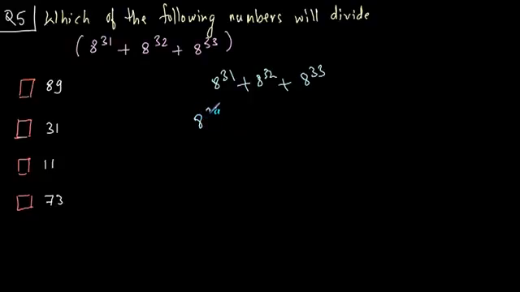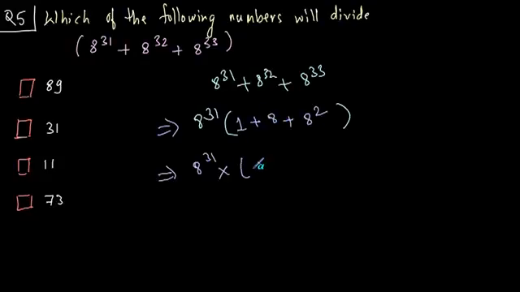Taking out 8 raised to 31, we get inside the bracket 1 from 8 raised to 31, then 8, plus 8 squared. Now again evaluating, 8 raised to 31 into 1 plus 8 is 9 plus 8 squared is 64.